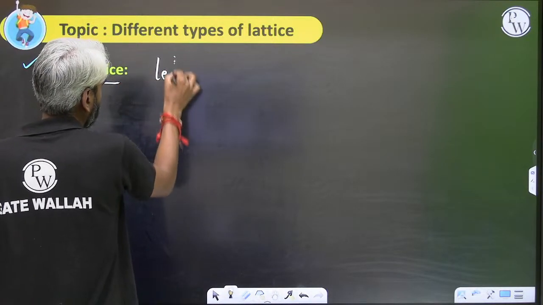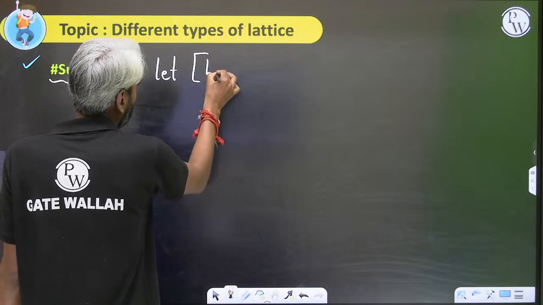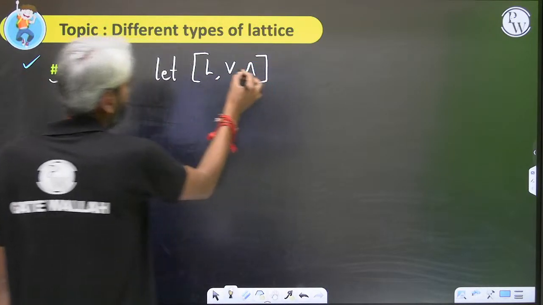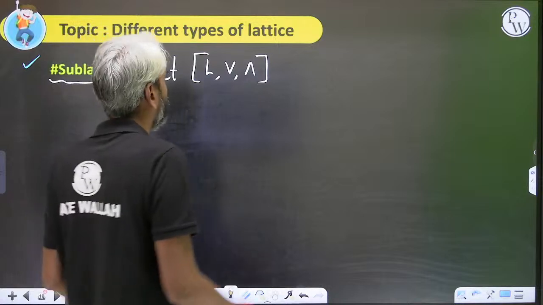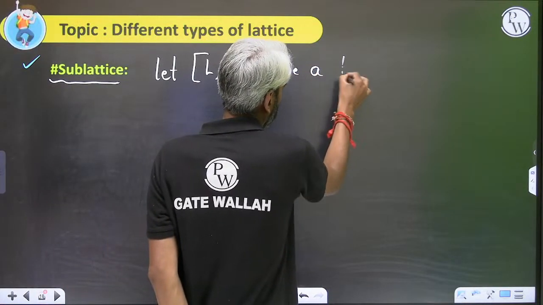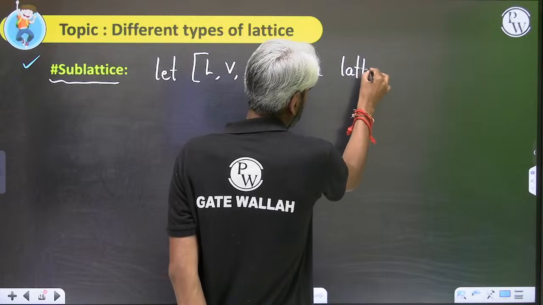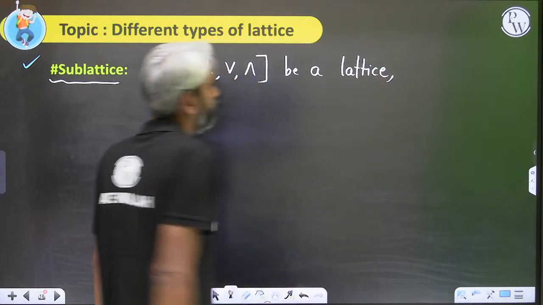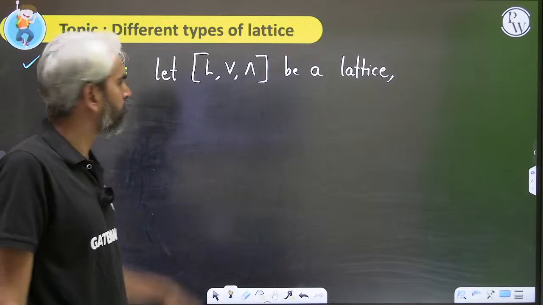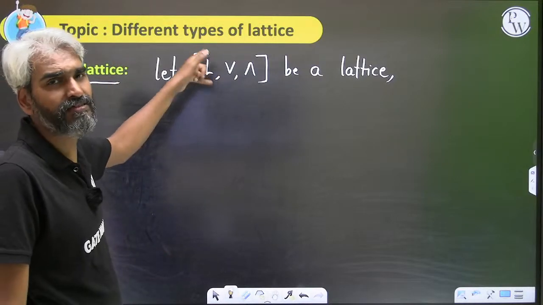Let L, with respect to the least upper bound and greatest lower bound, be a lattice. L is the underlying set.